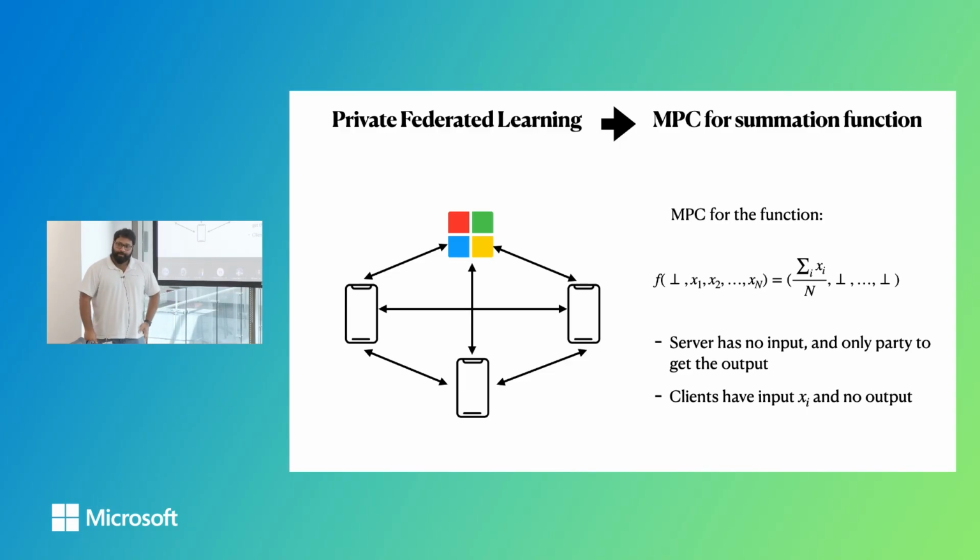I might not talk about that later on because the selection function is orthogonal to how the construction works, but previous works also assume that there is some selection function which chooses, based on some common randomness, which set of clients participate in the current iteration of the federated learning protocol.